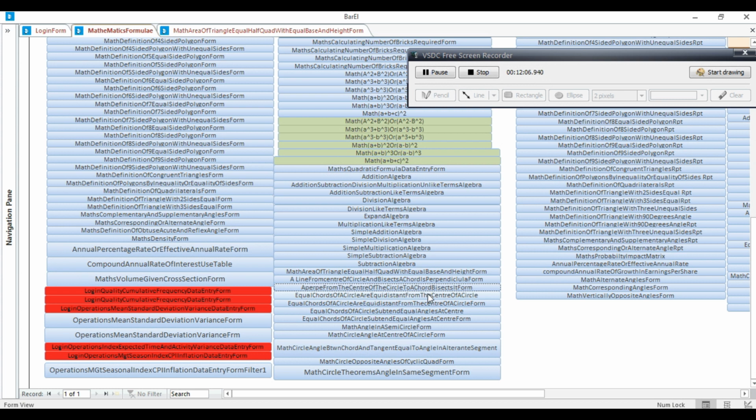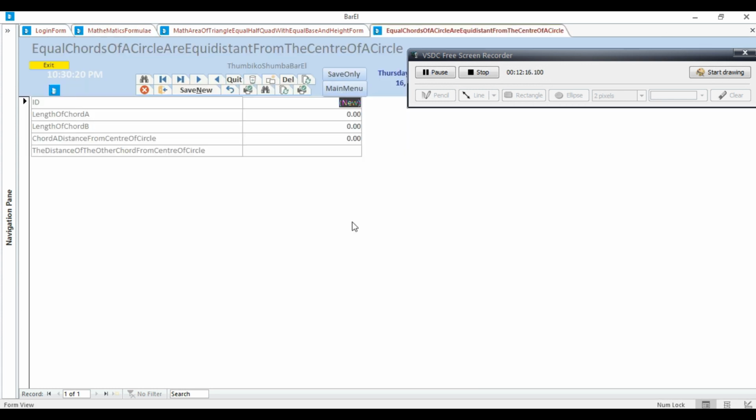Equal chords of a circle are equidistant from the center of the circle. If this is 20 and the other one is also 20, if they are equal chords, the distance from the center of the circle is 12.